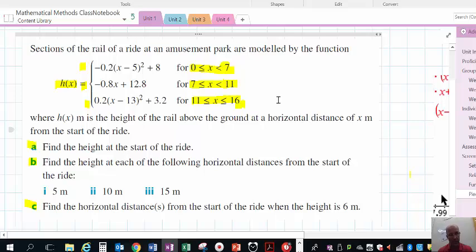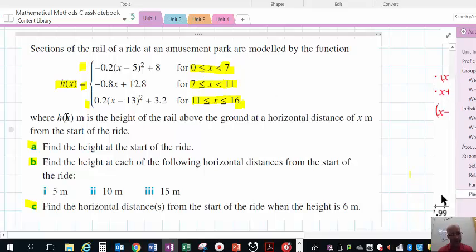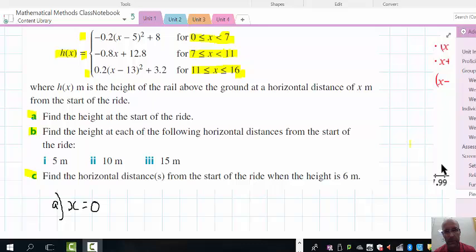What have we got to do now that we've got this thing modelled? Find the height at the start of the ride. If we read this, it says h of x is the height of the rail above the ground, and x is the distance in meters from the start of the ride. So at the start of the ride, x will equal 0.